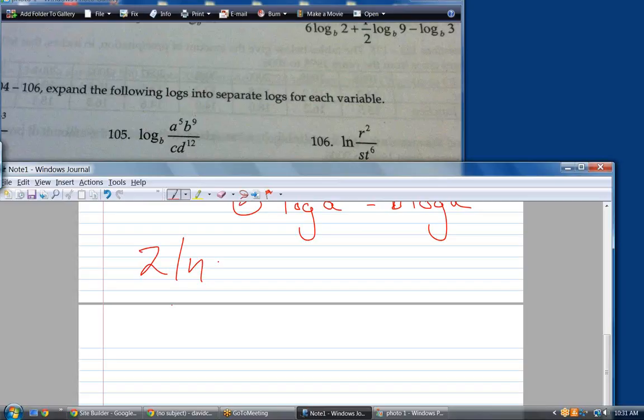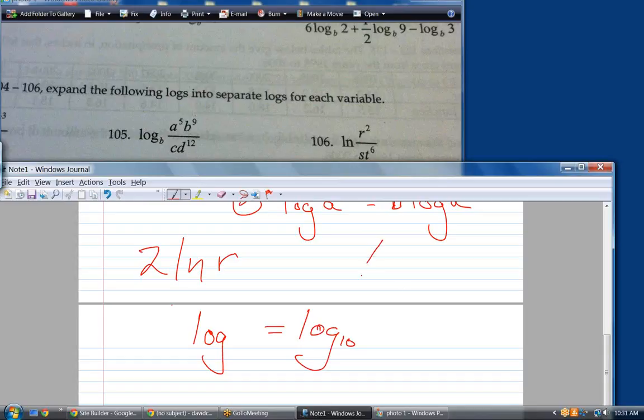Is it sub b, or is it sub e? There's no sub. It's the argument. The sub is defined by the natural log. That means we don't have to write the base. That assumes a base of e, just like this assumes a base of 10. If I just write log with no base, it means log base 10.